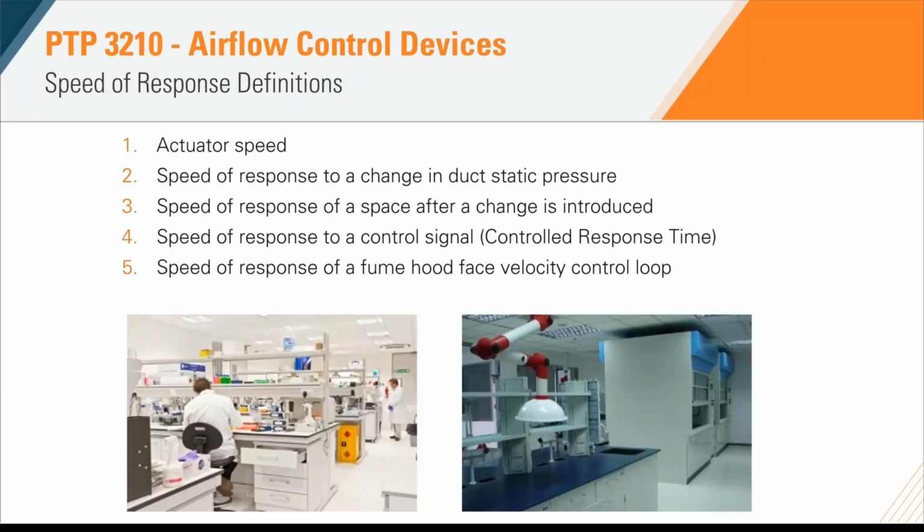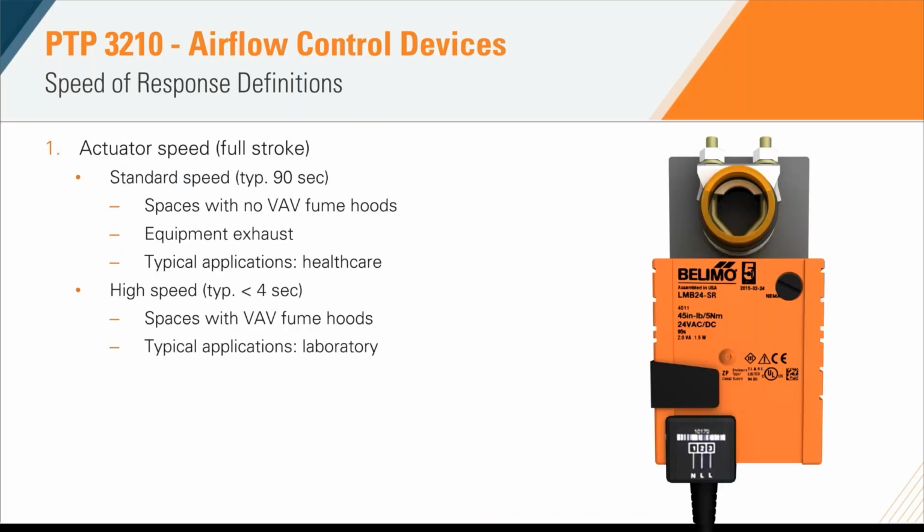So the first definition for speed of response is the actuator speed. This is essentially how fast our actuator strokes from fully open to fully closed. Typically you're going to see two types of actuator speeds utilized, either a standard speed actuator or a high speed actuator. Standard speed actuators will typically operate in about 90 seconds.